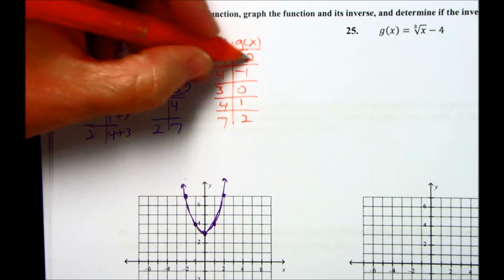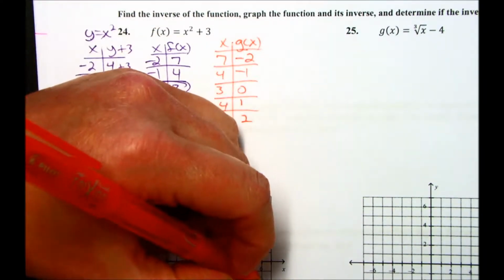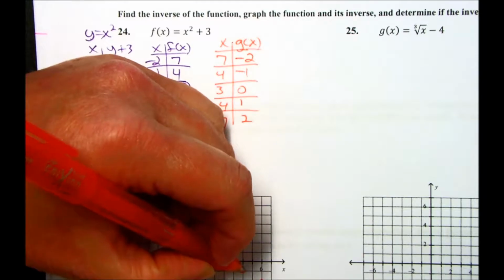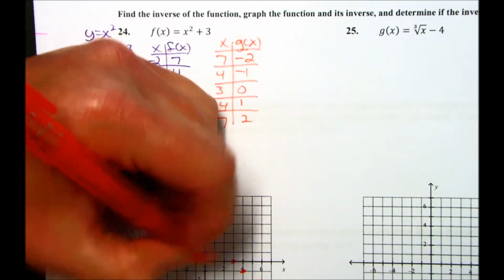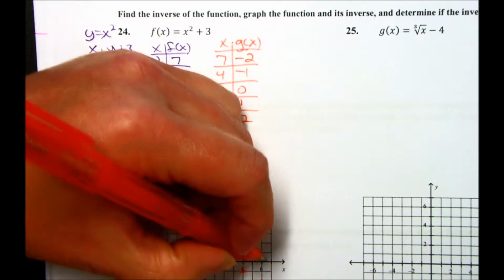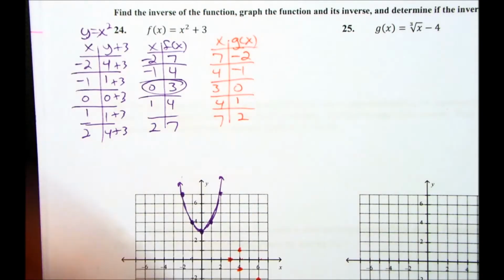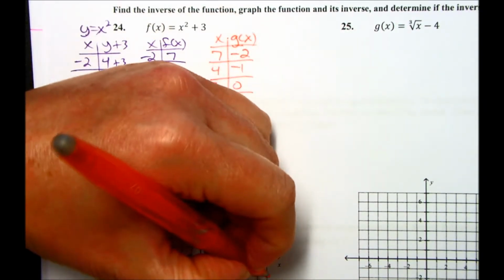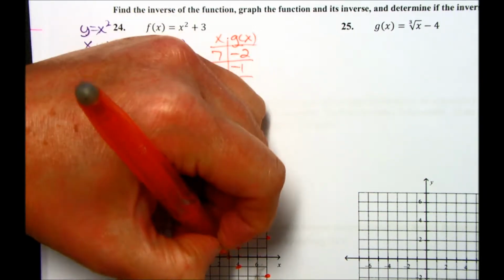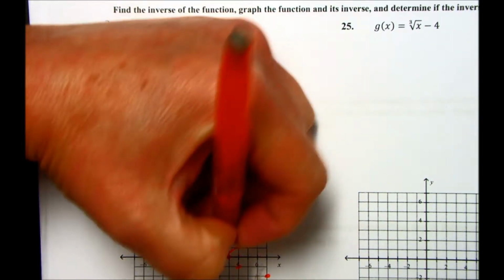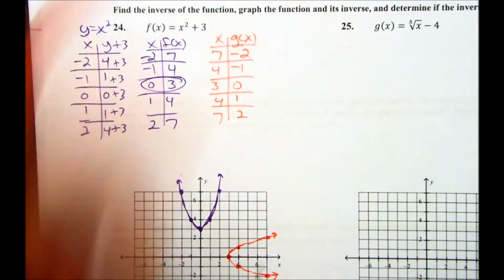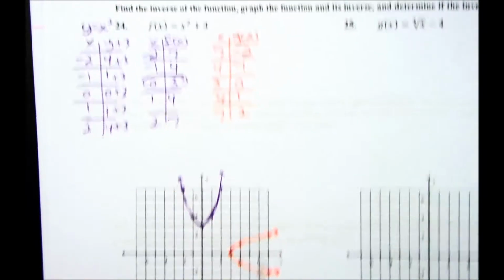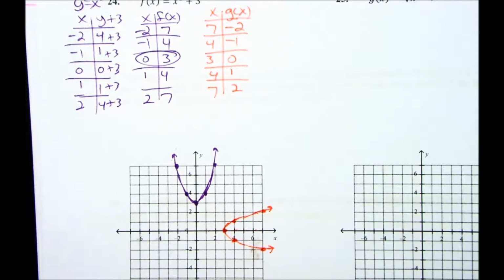If we graph it, 7, -2 would be right here, 4, -1, 3, 0, 4, +1, and oops, I graphed this point wrong. 7, -2, and 7, +2. That would be our inverse function.